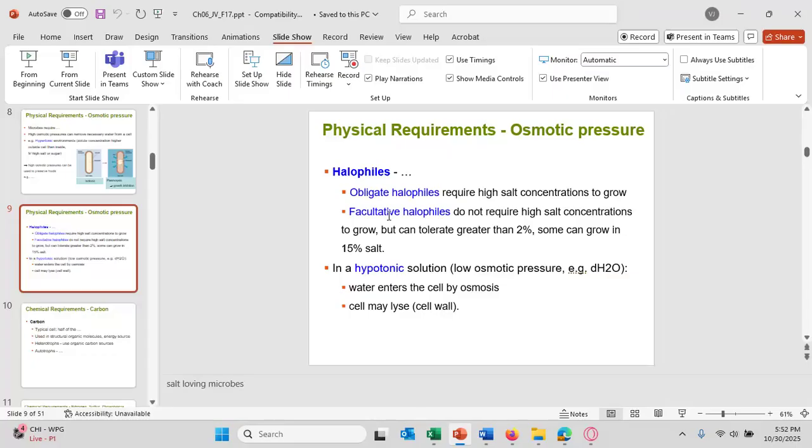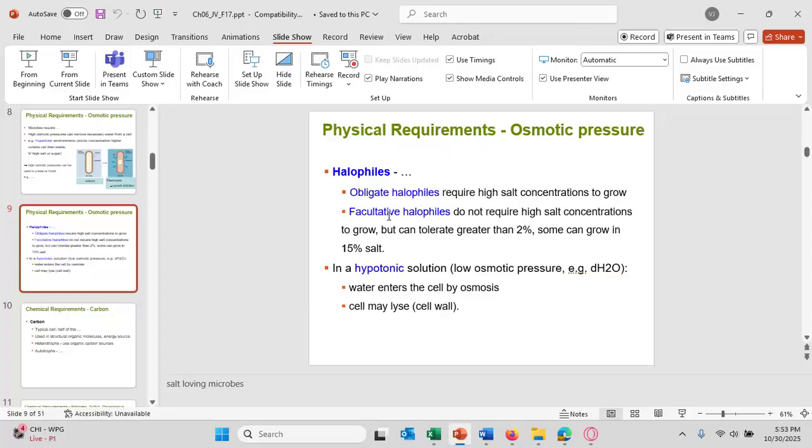Let's see, I was going to mention something about Staphylococcus aureus. It can grow on the human skin, which can reach up to 20% sodium chloride.